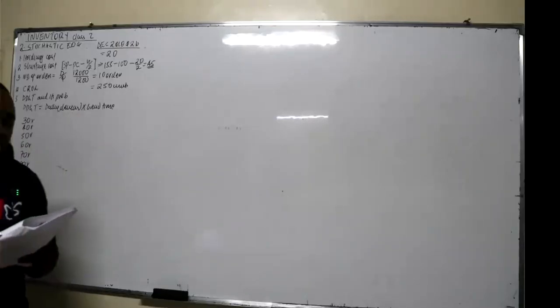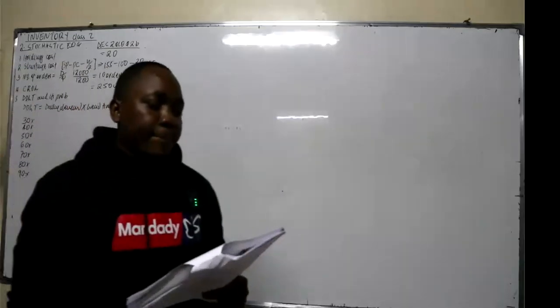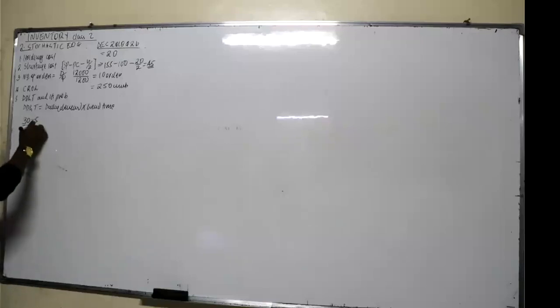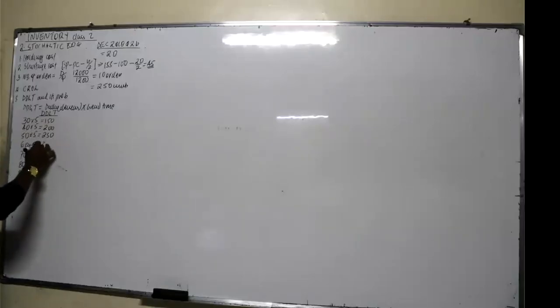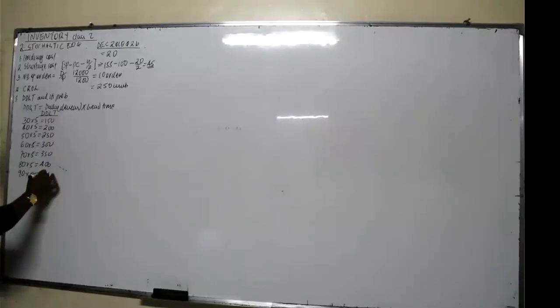How long does it take? The lead time is 5 days. And that's how we get our demand during lead time. Here we have 150, 200, 250, 300, 350, 400, 450.